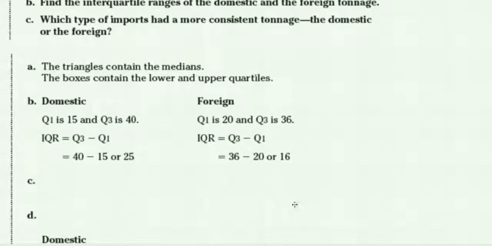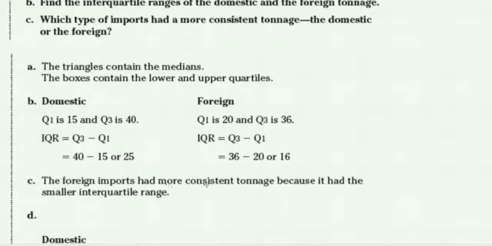Letter C, the foreign imports had more consistent tonnage because it had a smaller interquartile range. So the data is more consistent when the interquartile range becomes smaller. And if you look at the domestic imports, it's 25, which is a lot greater than 16.